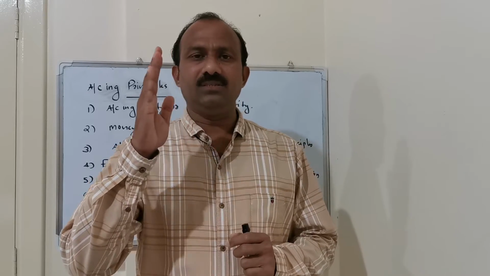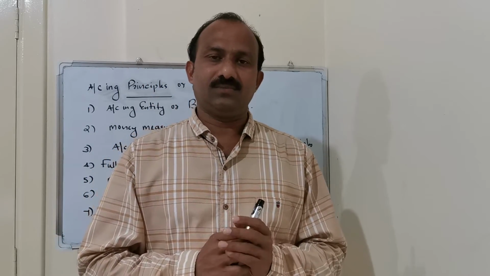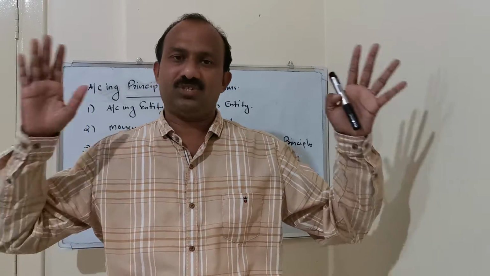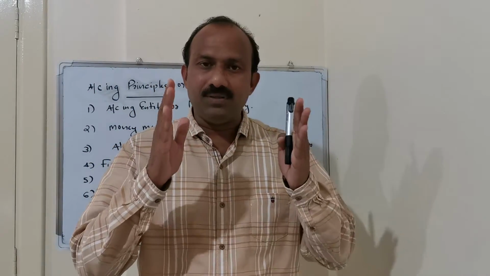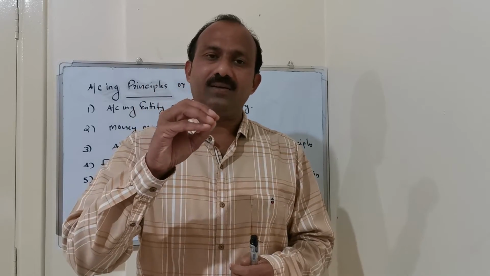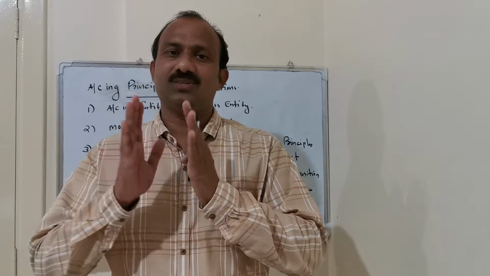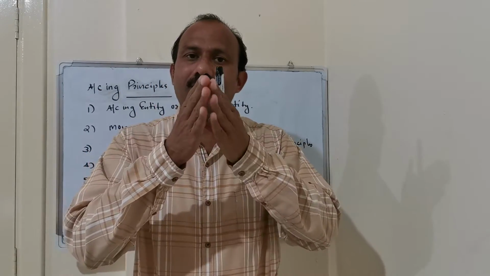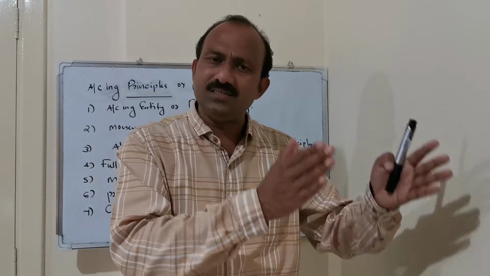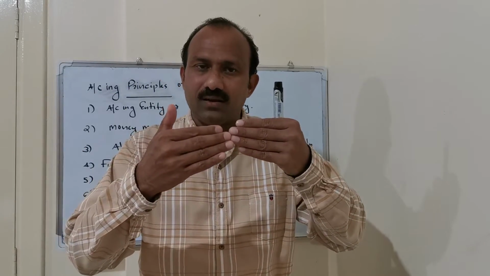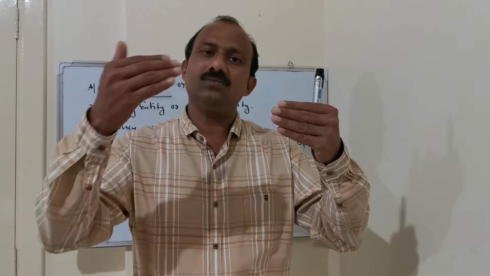The accounting entity or business entity concept says that the business and the owner are separate. That means we have to prepare separate accounts for the business and separate accounts for the owners. They are separate, independent persons. The business is independent and the owners are independent. Do not try to mingle the owners' transactions with the business.